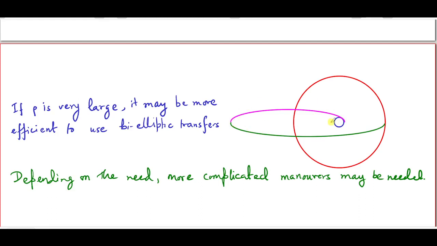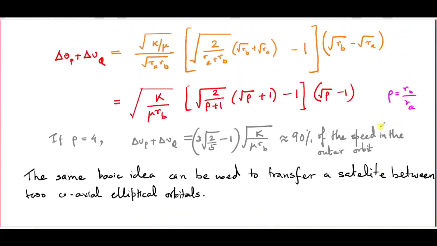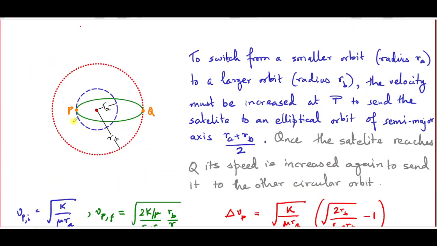That being said, the half time period of this orbit added to the half time period of this orbit may be quite large compared to the half time period of a single Hohmann transfer orbit. The Hohmann transfer would definitely win in time, while it may lose out in fuel in a special situation.